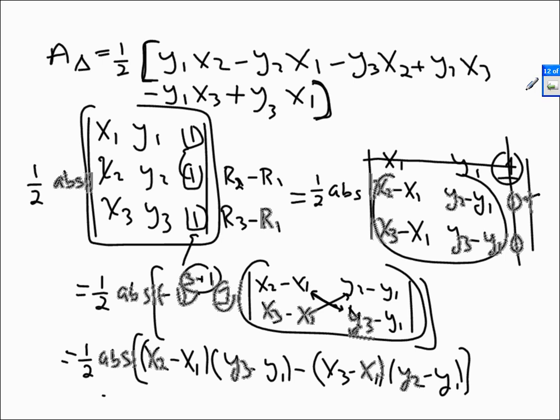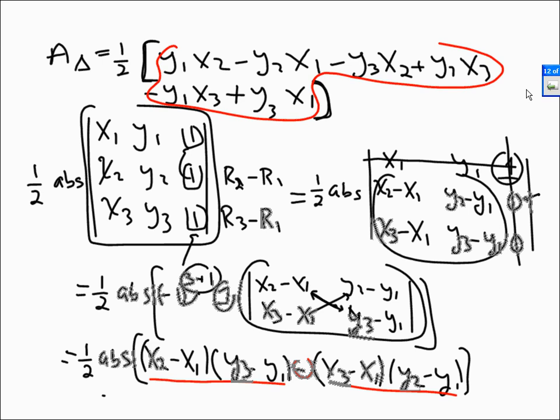To be honest, I'm tired of this problem at this point. Here is just an elementary high school level problem you're left with. Multiply this out, multiply that out, subtract. And either you will get this or you would get negative this.